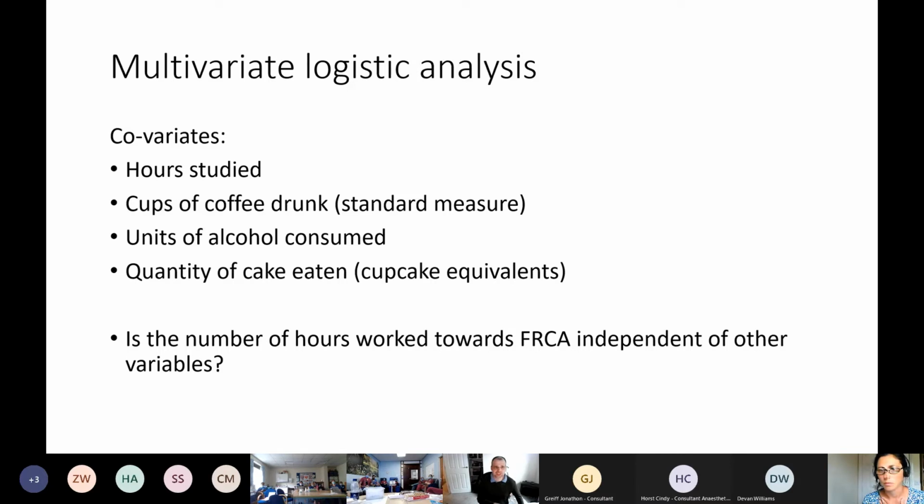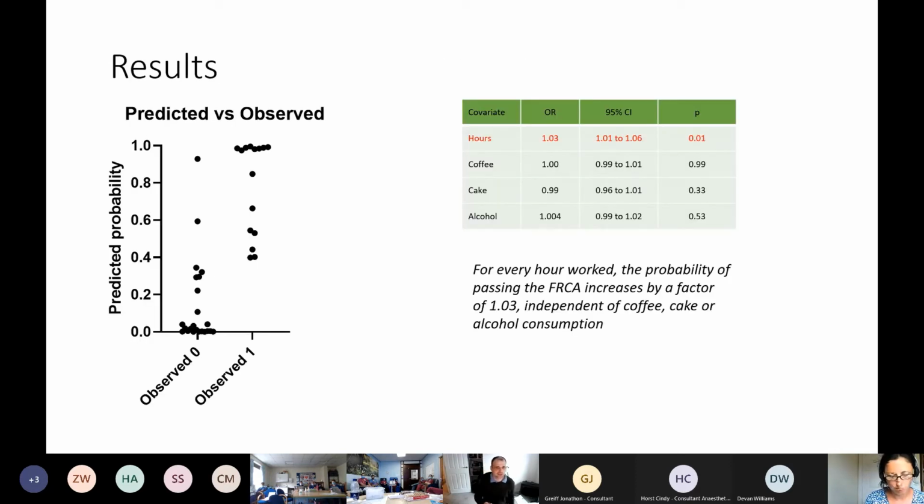So that's the difference between finding an association and trying to make a correlation. And the results of the one I did show that coffee, cake, and alcohol, although there is a small difference in odds ratio, are not significant.